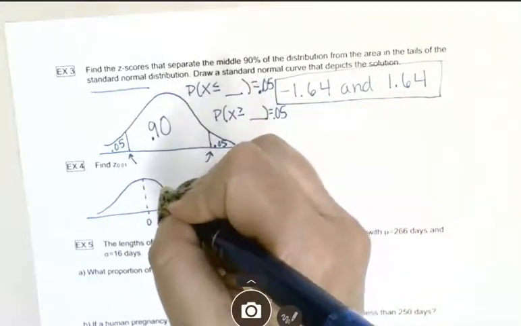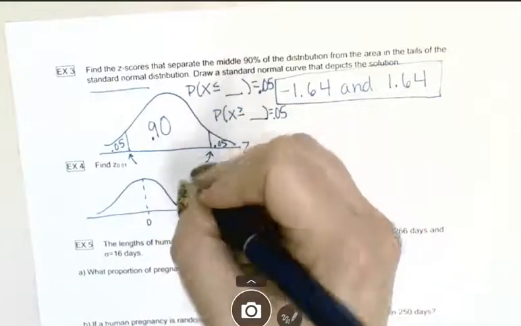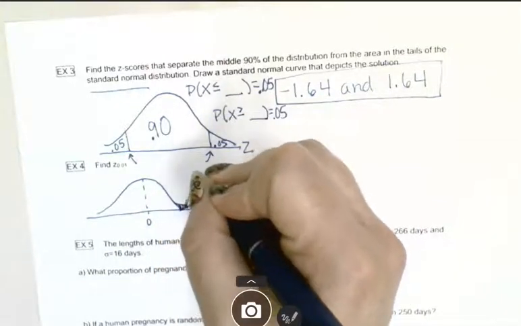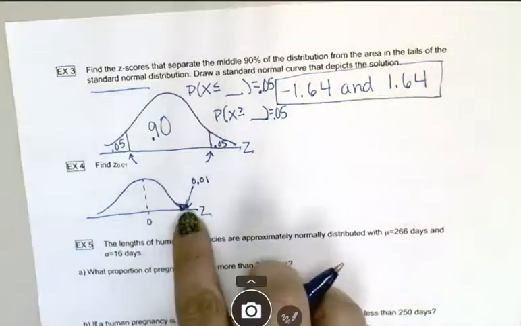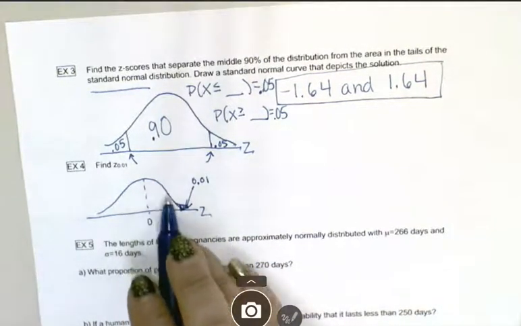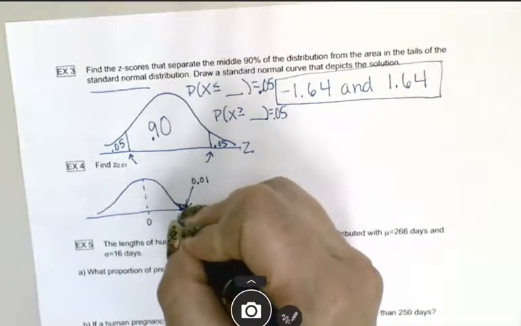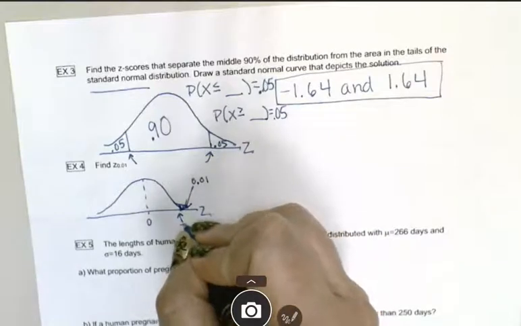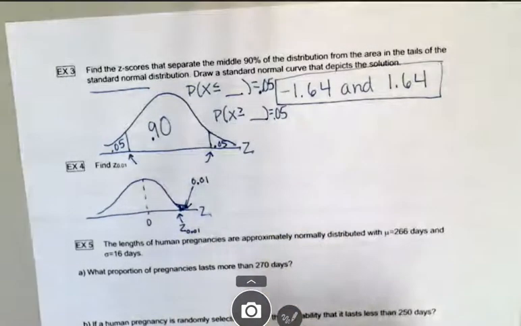It says the area to the right is going to be 0.01. So it's a very small area. That's how I know it has to be over here, because anything this half, the area is 0.5. So I know where it's located. It's really small. This is the z sub alpha that I'm trying to find. I'm trying to find that value.